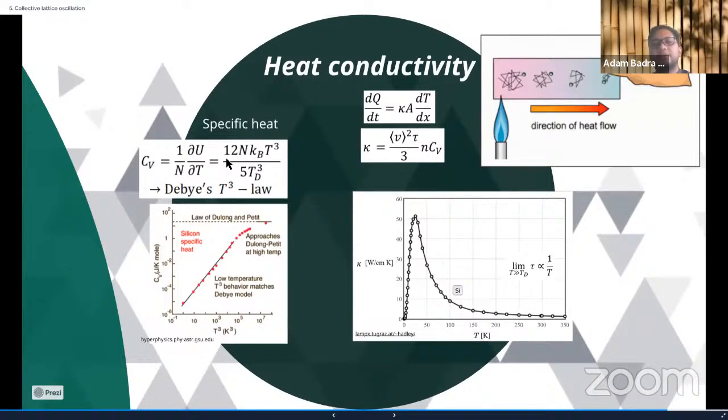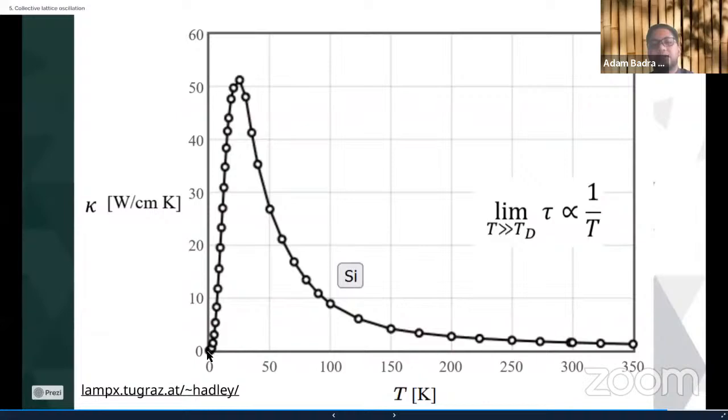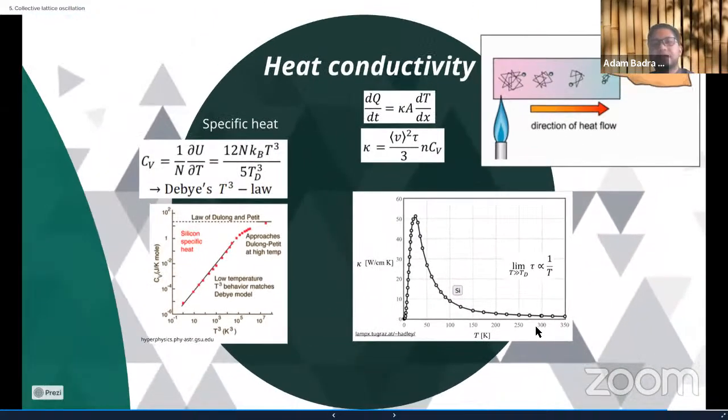So this Cv can now be connected to the heat conductivity, and we show here that the kappa at low temperature is proportional to the T cubic law too. But here, this tau limit plays an important role and it becomes smaller, something like that.